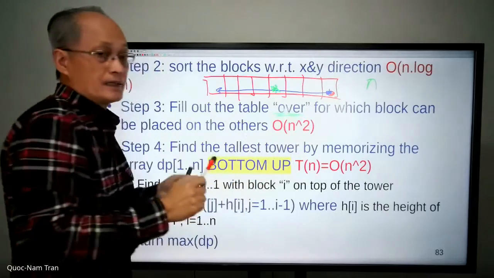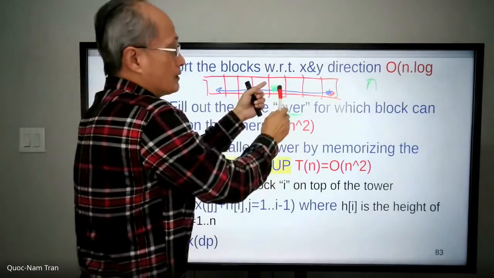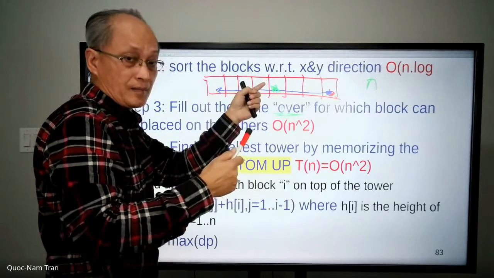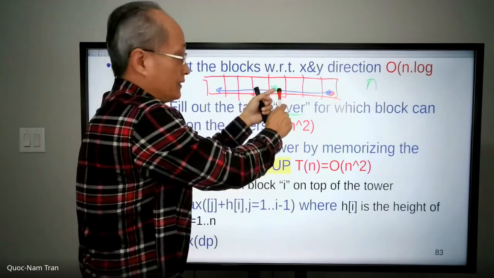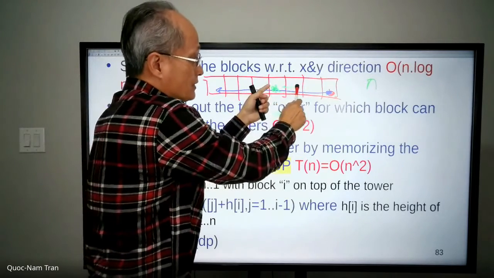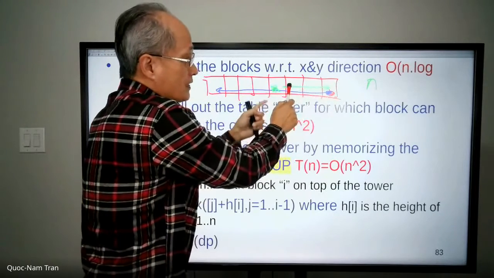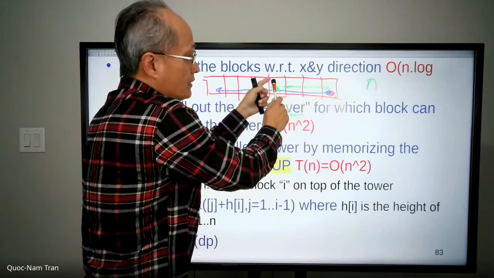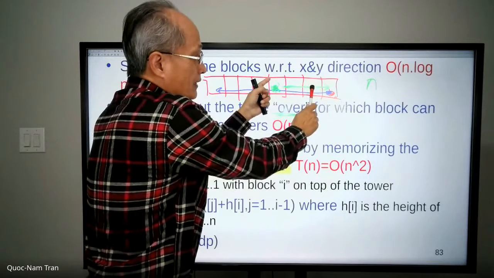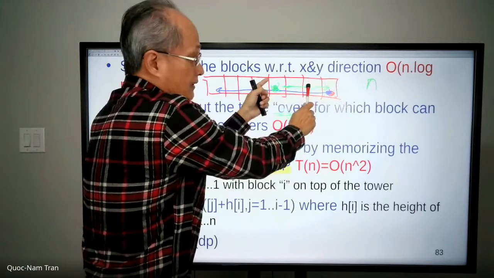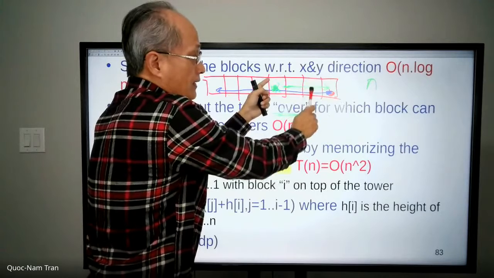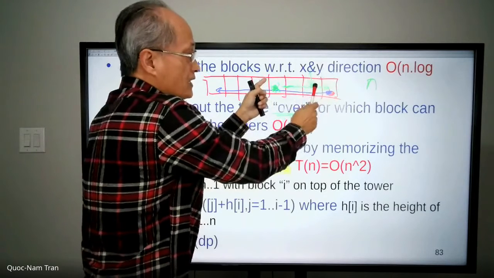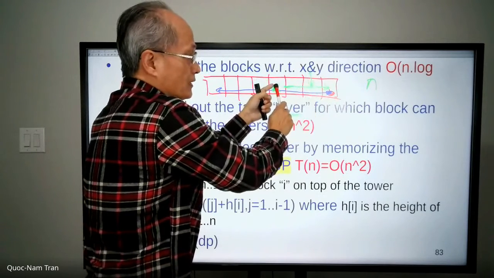If the value is 1, then we add the height at i plus the dj value, meaning we try to see from the cells below the current cell if this one can be placed over this one. Then we add the tallest height of the tower with this cell on top of the stack to the values here, right?